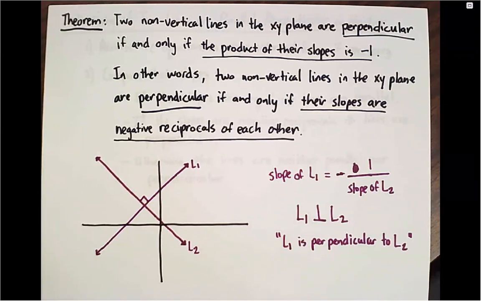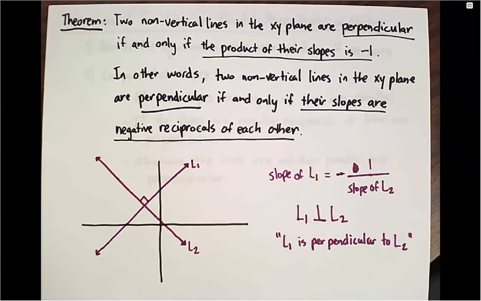The second theorem, which gives us the definition of perpendicular lines, says that 2 non-vertical lines in the xy plane are perpendicular if and only if the product of their slopes is equal to -1. So in plain English, that means they have negative reciprocal slopes.